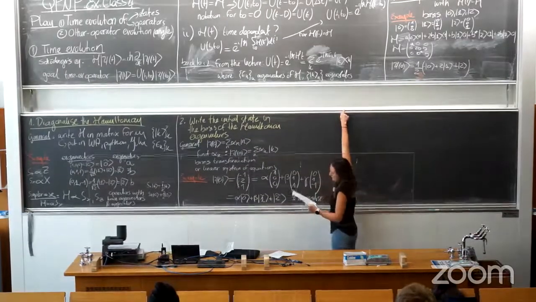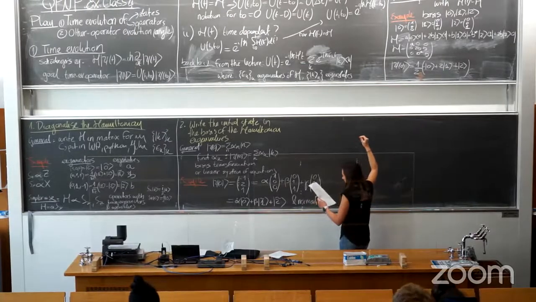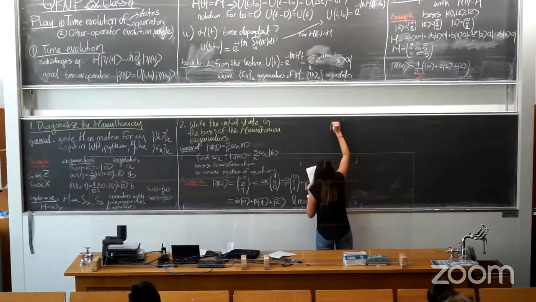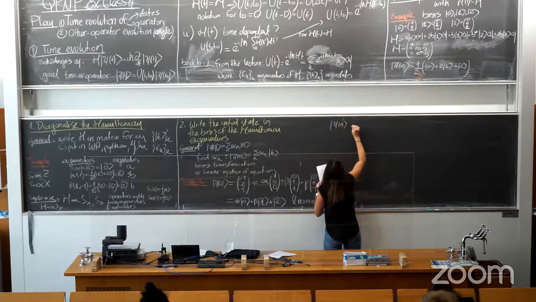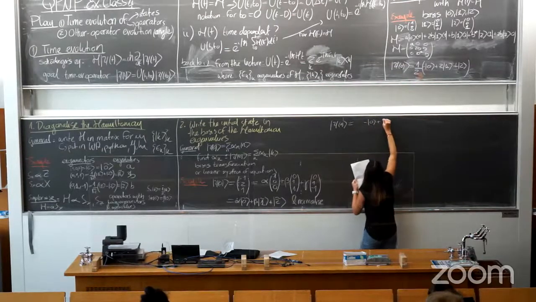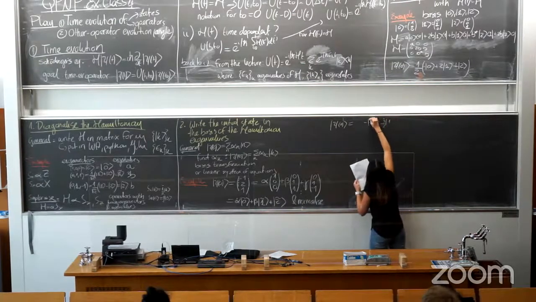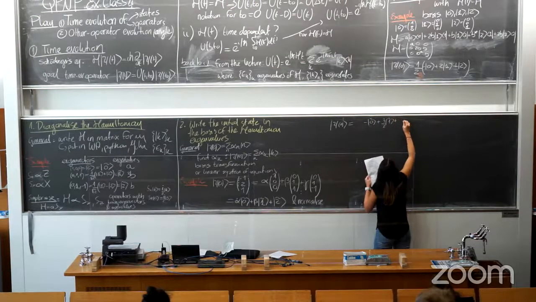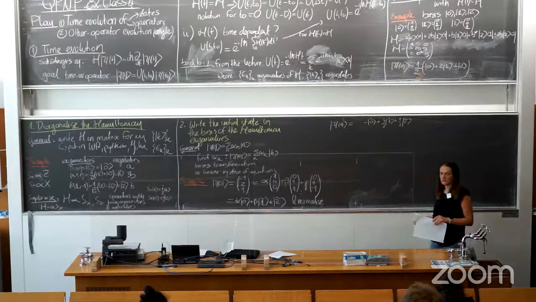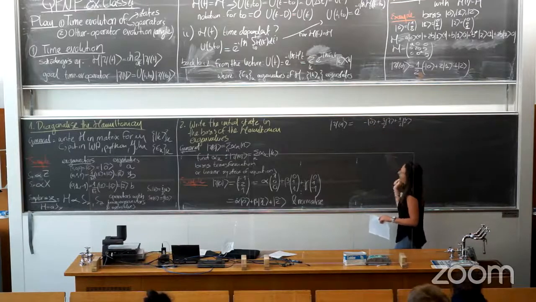I will show you now the result, which I wrote somewhere. So here we have psi 0 is equal to minus 0 plus 3/2 1, this is a tilde, plus 1/2 2. And these are the coefficients I found, but then I have to normalize.